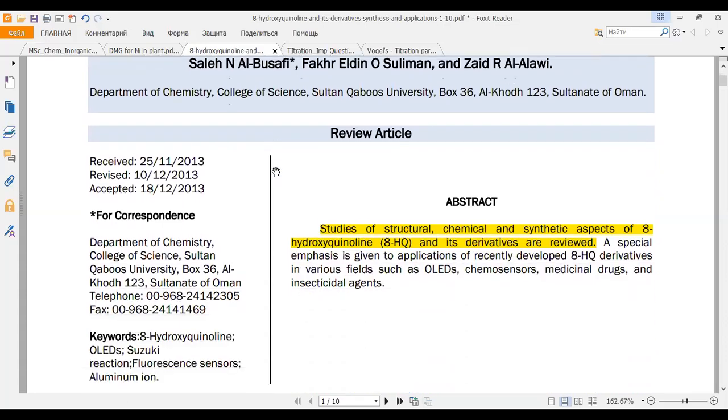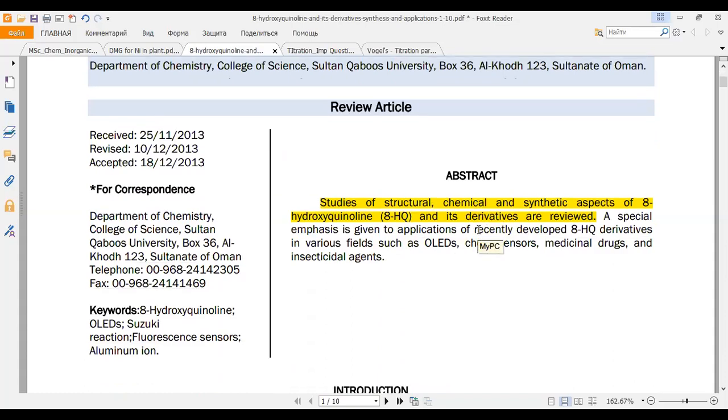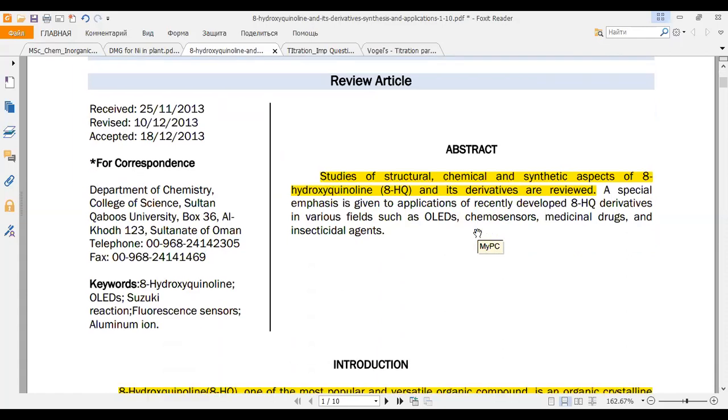Okay. So the studies of structure, chemical and synthetic aspects of 8-hydroxyquinoline, which is also called 8HQ, and its derivatives, meaning you have 8-hydroxyquinoline and the compounds derived from it.